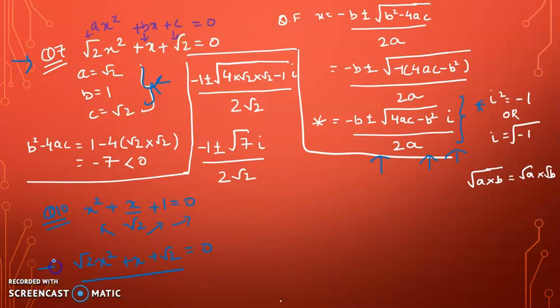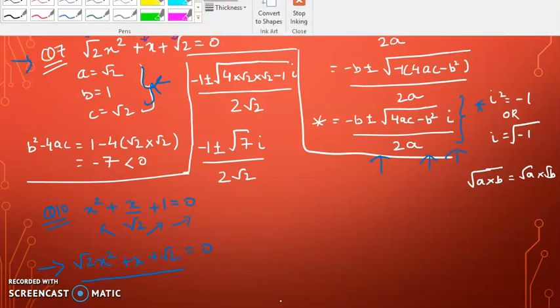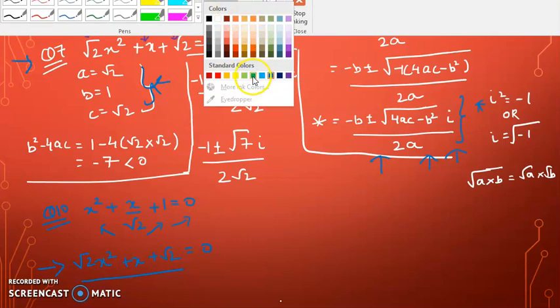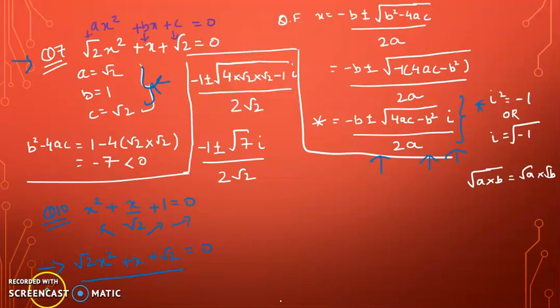Is there any difference between these equations? Tell me, students. No? Okay, so let me change the ink so it will be easy for you to differentiate. Is there any difference here? See this equation, root 2 x square plus x plus root 2 is equal to 0, and see this question number 7, root 2 x square plus x plus root 2 is equal to 0. Any difference?